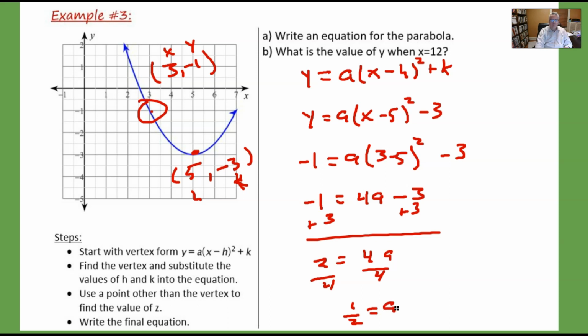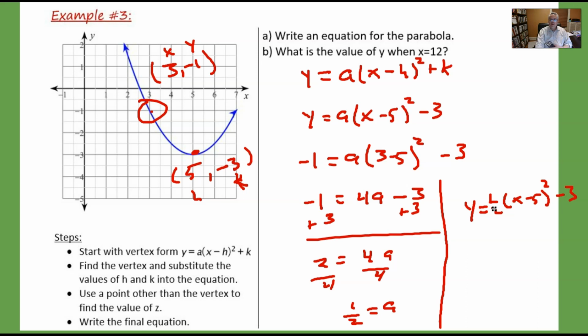That's a wider parabola. All right, let's write the equation here: y equals 1/2 times x minus 5 squared minus 3. Now they ask one more thing. What's the value of y when x equals 12? We can put in whatever value we want for x, and we'll get the y-coordinate out.